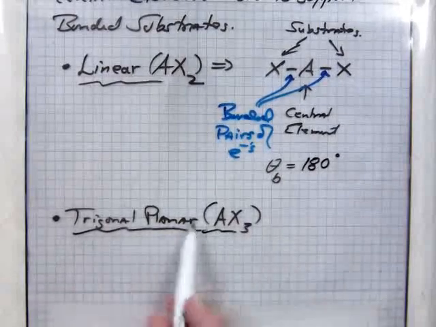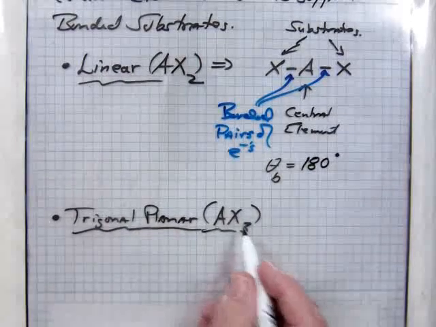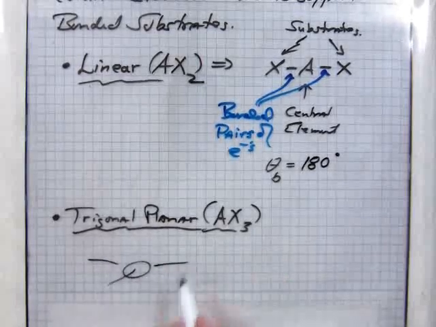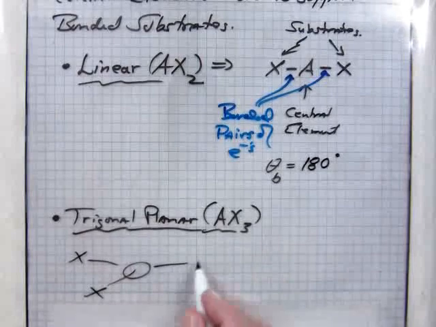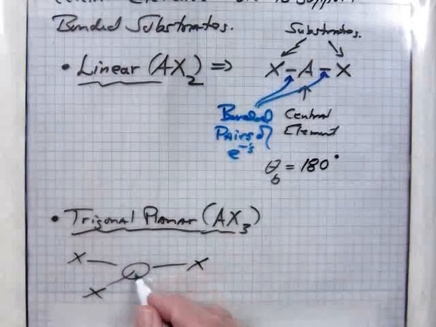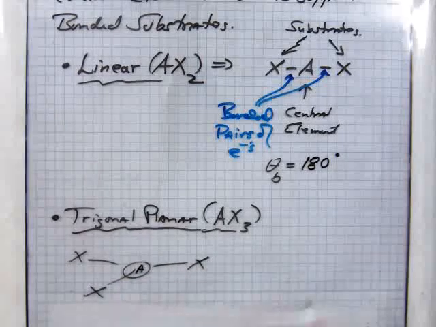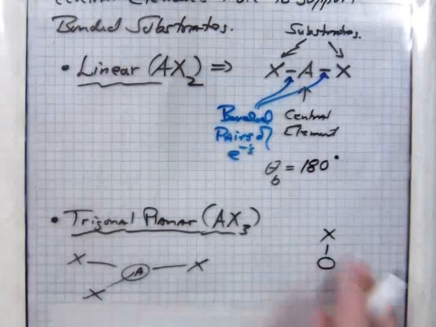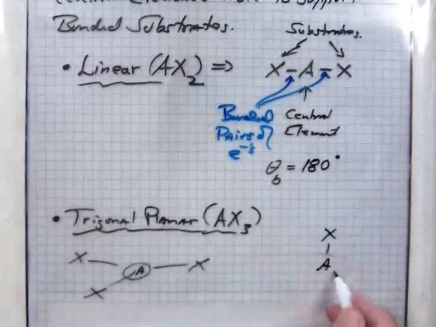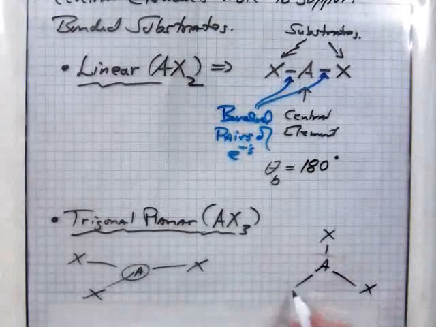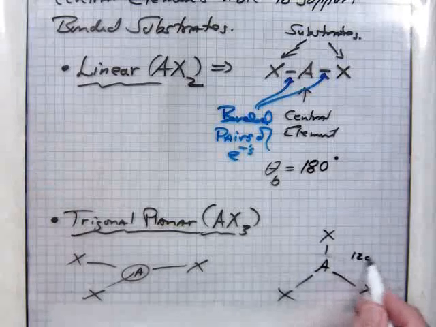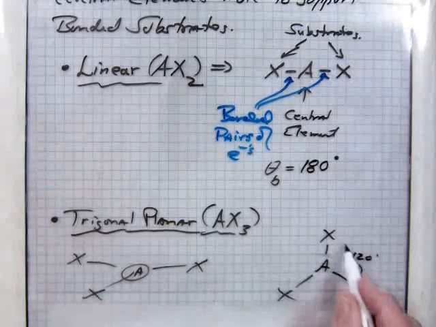Now, it's a planar structure and involves, like I say, 3 substrates attached to the central element. Where that's the A in the middle, and usually written horizontally, A, X, and X, if you're looking down from the top of it. And each one of these is 120-degree bond angles.